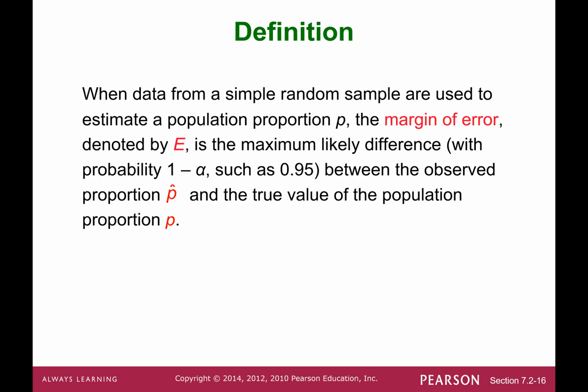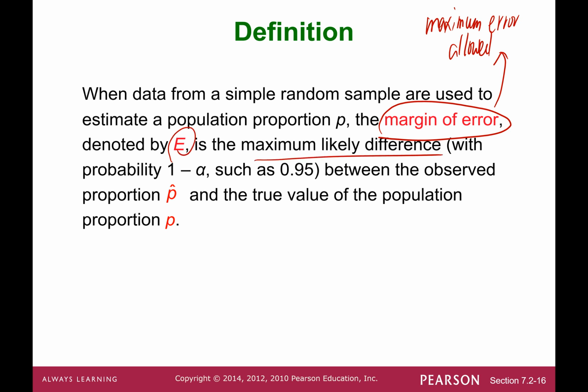Data from a simple random sample are used to estimate the population proportion. The margin of error, which you can also call the maximum error allowed, we denote with capital letter E. It's the maximum likely difference between the observed sample proportion p hat and the true value of the population proportion p.